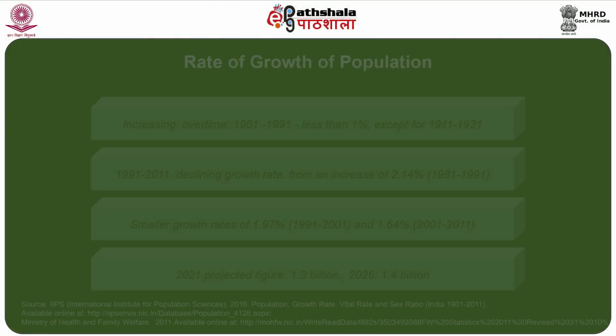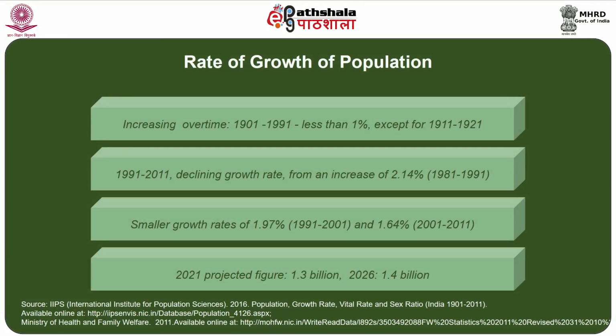If we look at the projected figures for the future, for instance, it is estimated that the population of India is going to be to the extent of 1.3 billion by 2021, and further it is going to increase to 1.4 billion by 2026, which clearly indicates that there is going to be an absolute size of population increase over a period of time.